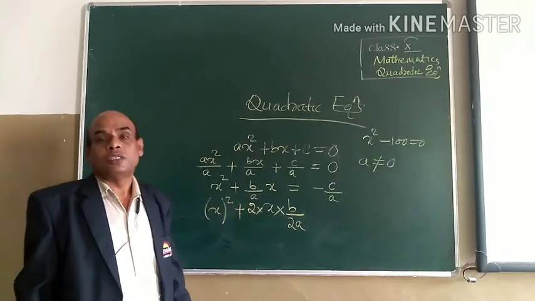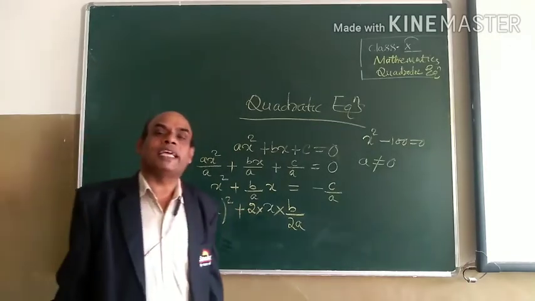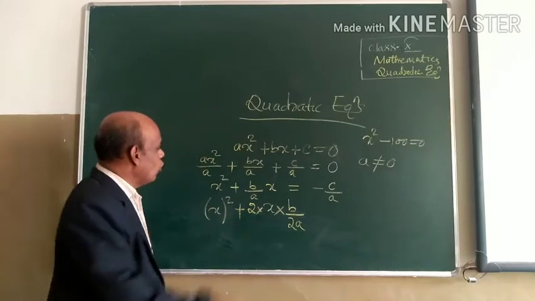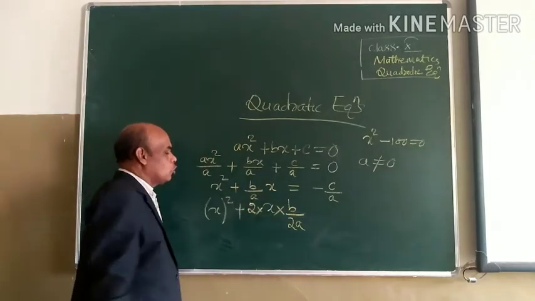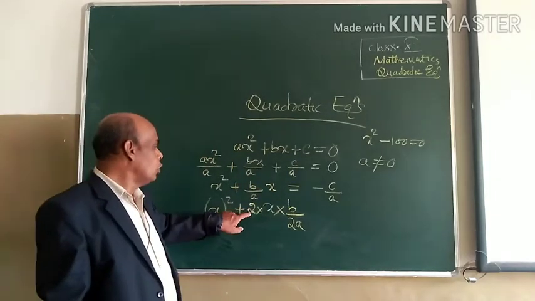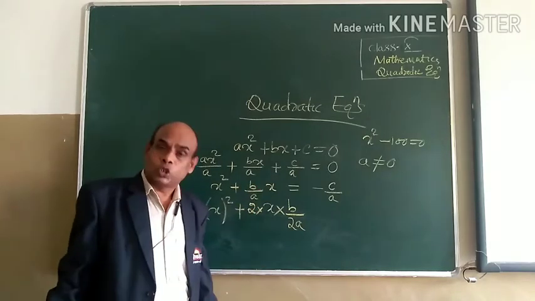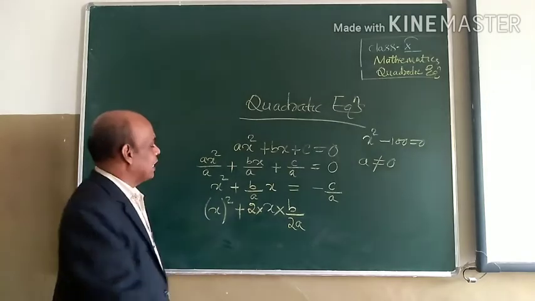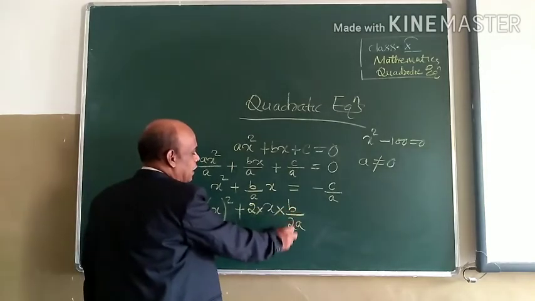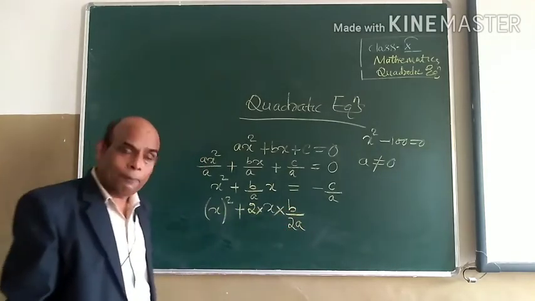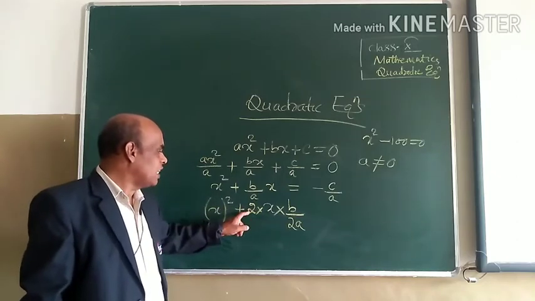Because in the a plus b whole square form there is 2ab. So I wrote 2 into a, meaning x, and what should be the value of b? That should be b by 2a. If b is b by 2a, then what will happen? Then the 2 cancels.